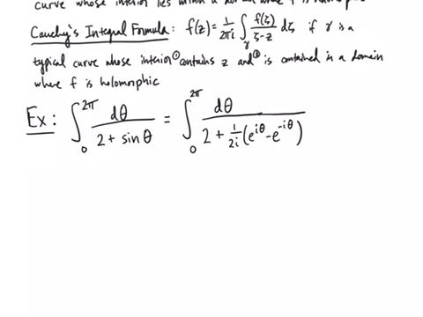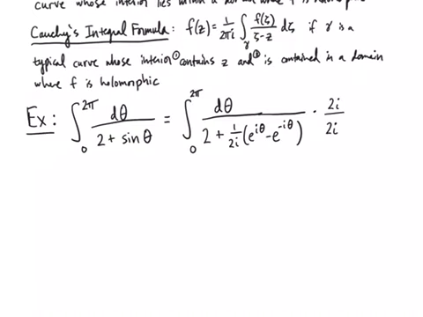Right, so we just substitute in the definition in terms of the complex exponentials. Okay, and to clean this up a bit, I can multiply top and bottom by 2i, so I can multiply by 2i over 2i to take care of that annoying little fraction there.